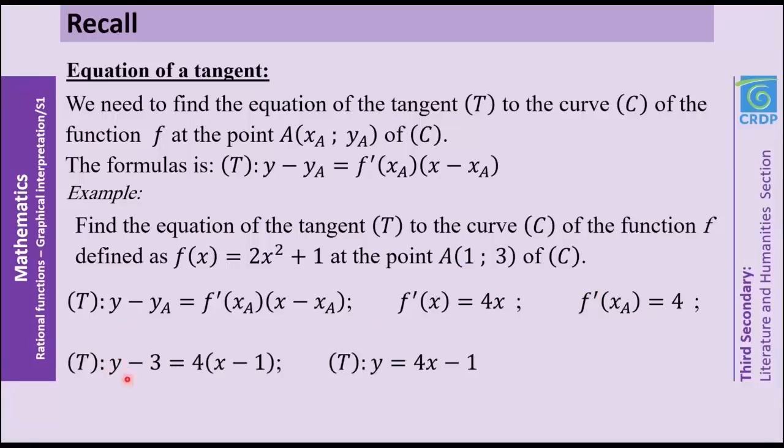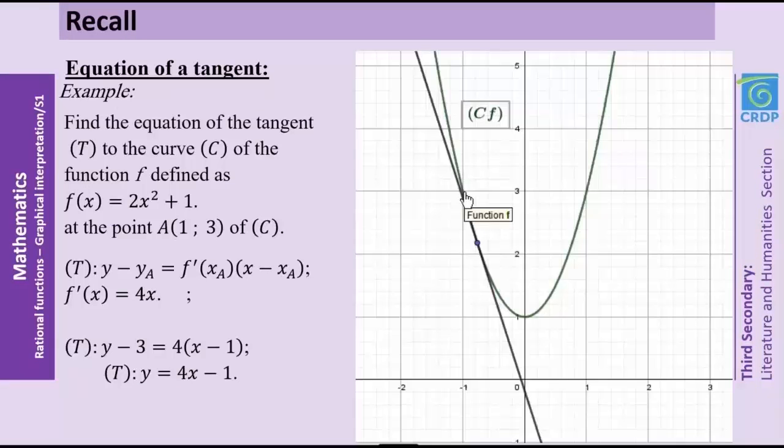Then the equation will be y minus y of a, which is 3, equals f prime of x of a, which is 4, times x minus x of a, that is 1. By simplification, we'll get y equals 4x minus 1 as the equation for our tangent to the curve at point A. Now let's look at our example and how it will look on a graph.